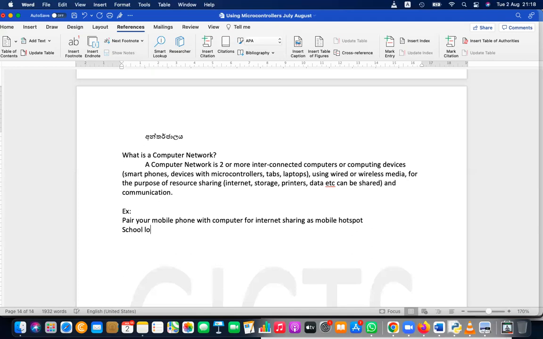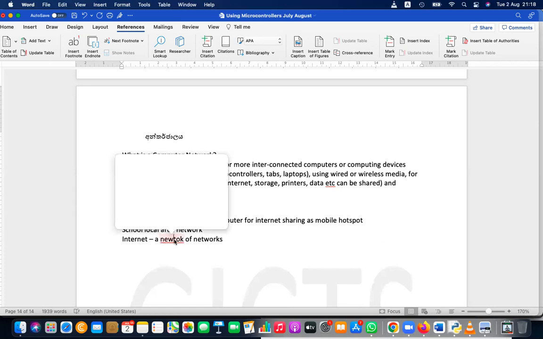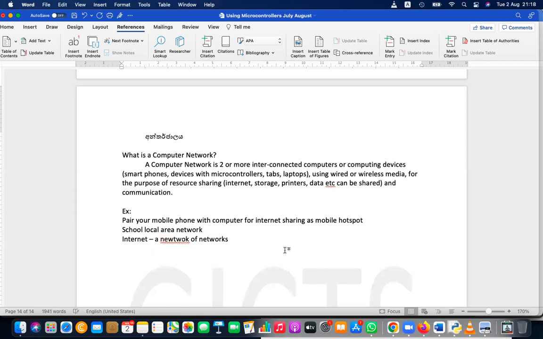School, local area network. And the larger one, internet. That is the big brother, a network of networks.